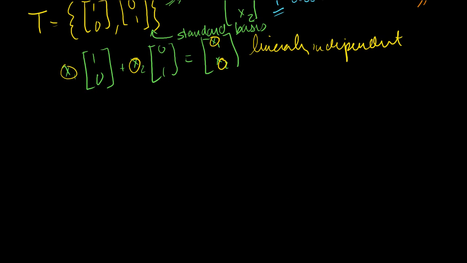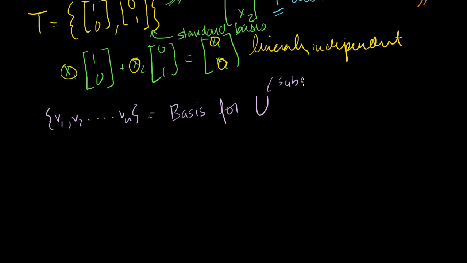Let's say that the set v1, v2, all the way to vn is a basis for, I don't know, just some subspace U. That means that these vectors are linearly independent. And it also means that the span of these vectors, or all of the linear combinations of these vectors, will get you all of the possible members of U.